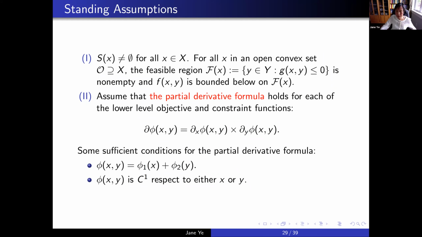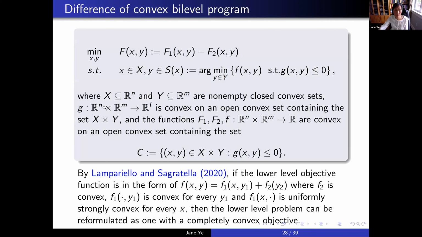Normally in bilevel problems, all functions are assumed to be C1, like what I did in the first part when talking about optimality conditions. Here, in the DC bilevel program, we do not assume differentiability.